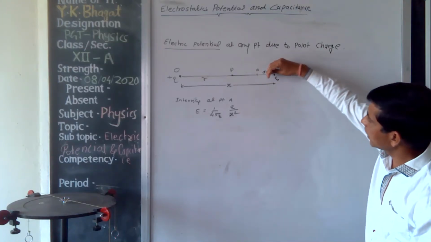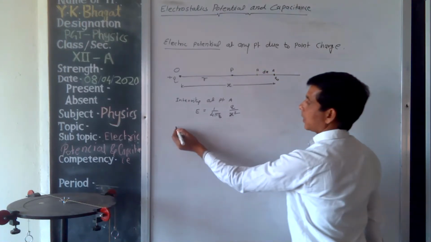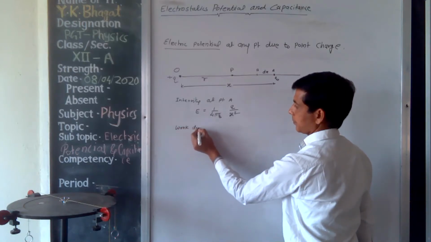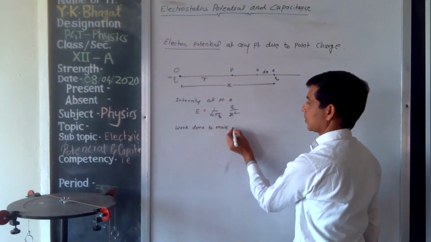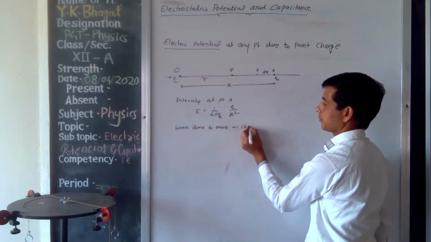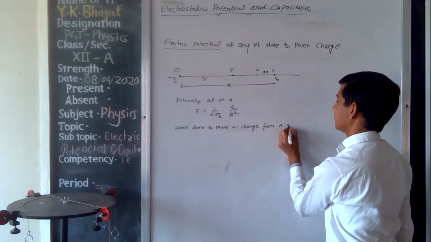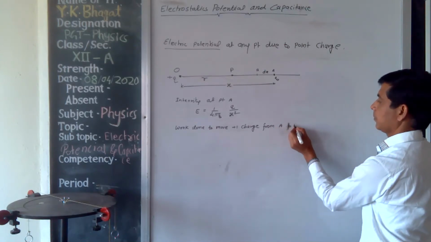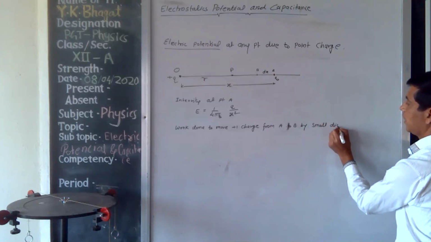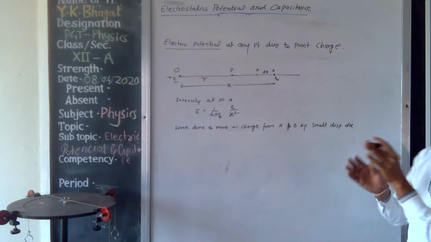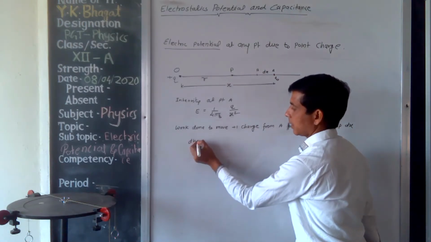Now we bring the unit positive charge from A to B. The work done to move a unit positive charge from A to B by a small displacement ds will be small, so it is written as dW.